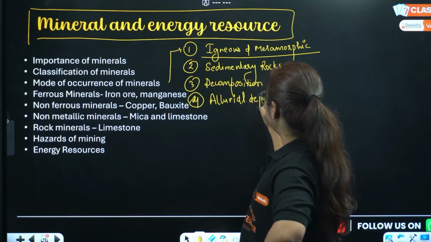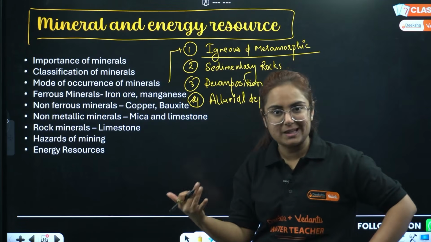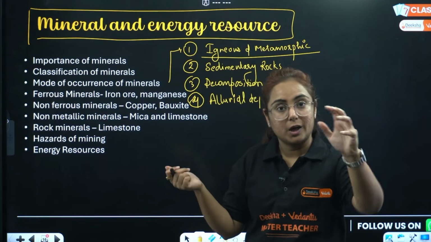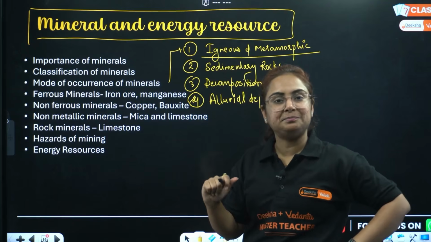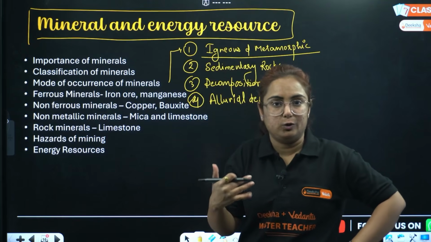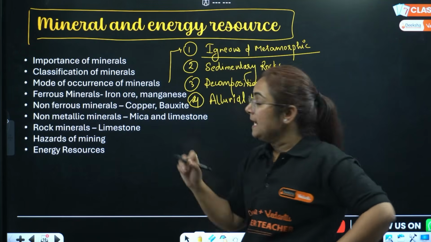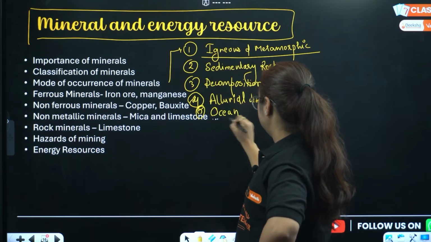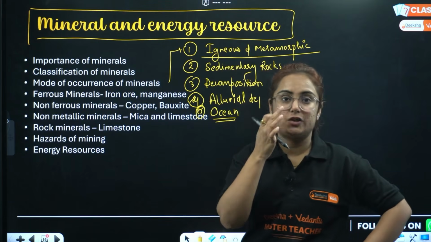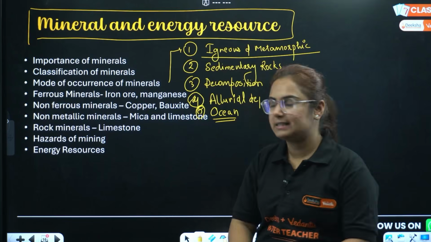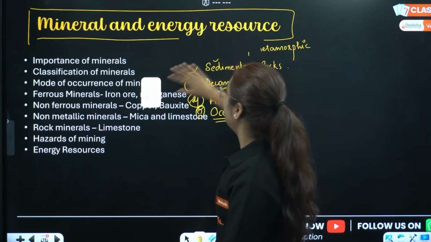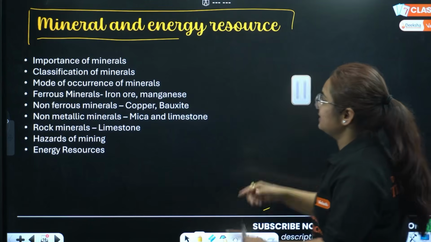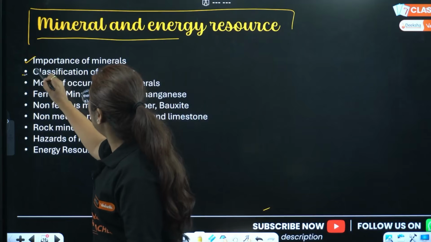Like how alluvial soil is formed by the deposits, na? In alluvial deposits, silver, gold, platinum are found. We have to give the examples also, na beta? And the last one is ocean beds, calcium, magnesium. These are found here. So this is the mode of occurrence of minerals.